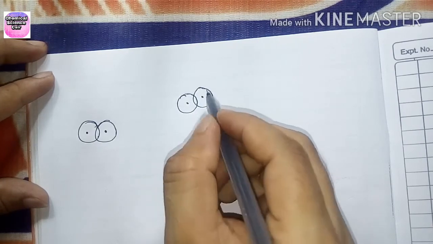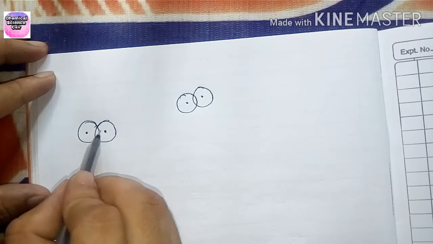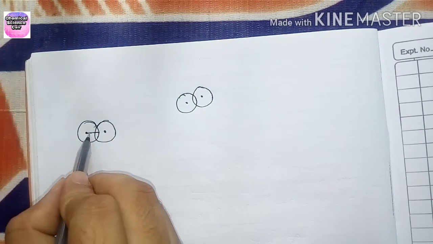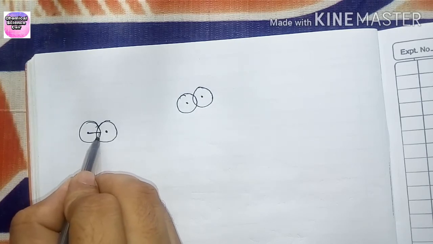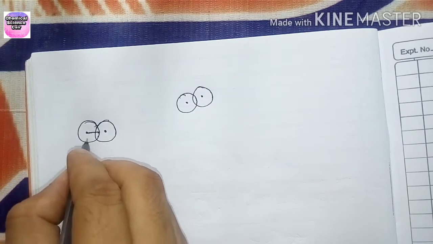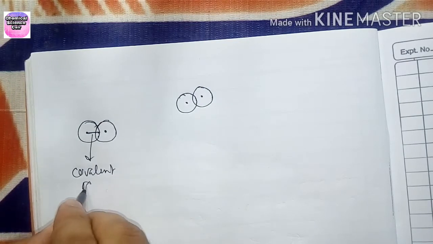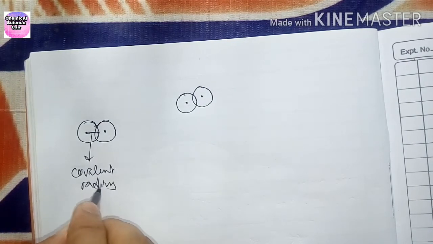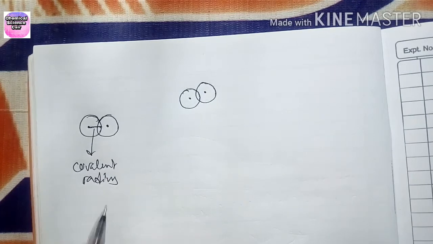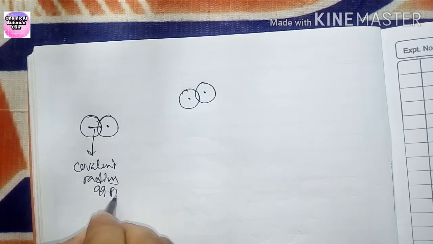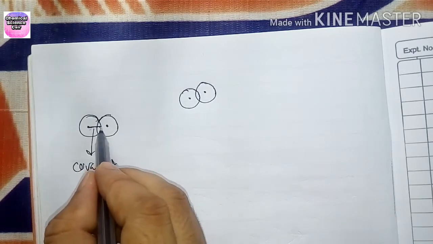This part, from the nucleus to the edge of its own atom, is the covalent radius. It's 99 pm.